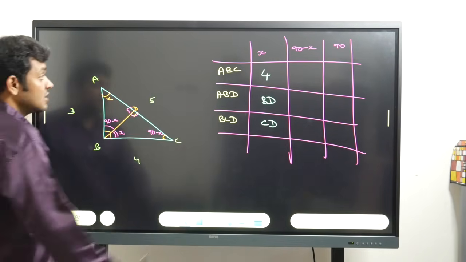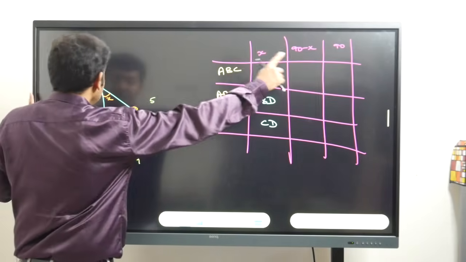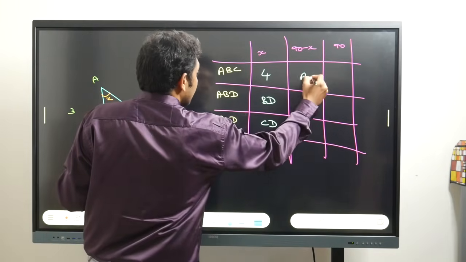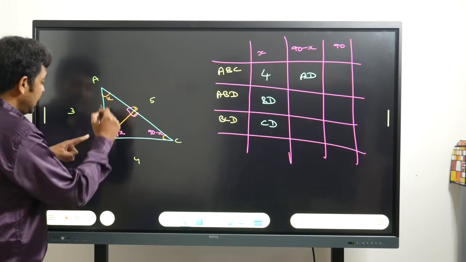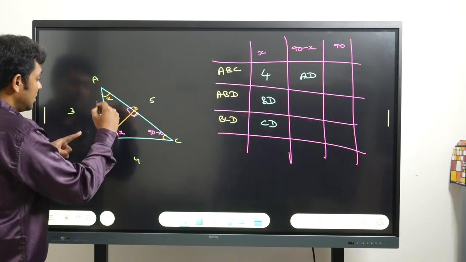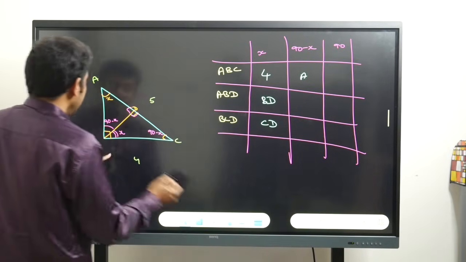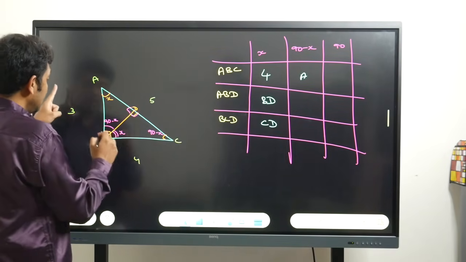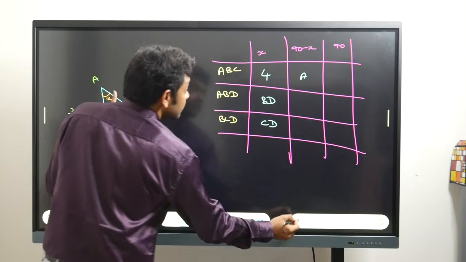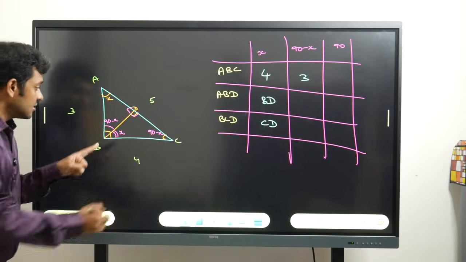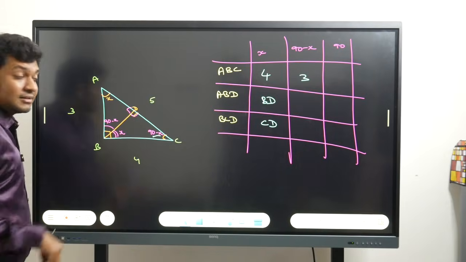Similarly, let's plot the others. In triangle ABC, the side opposite 90 minus x is 3.